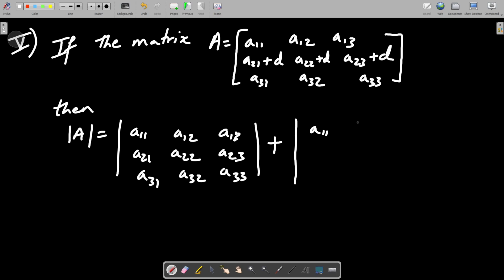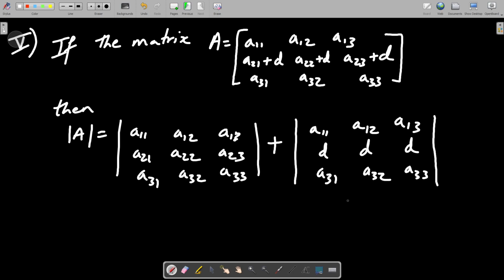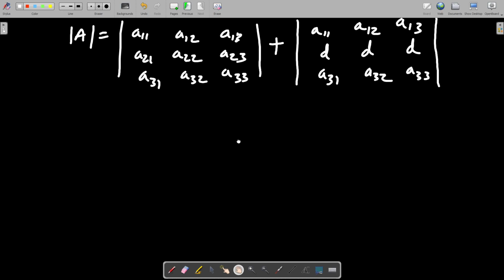So basically the determinant splits into two sums: A11, A12, A13, D, D, D, A31, A32, A33. You can split it into two different determinants.